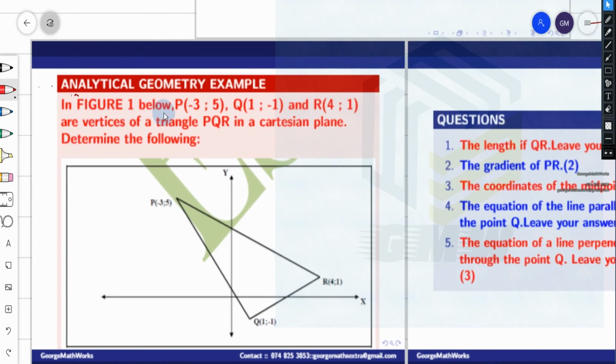In fig 1 below, P has coordinates (minus 3, 5), Q has coordinates (1, minus 1), and R has coordinates (4, 1), are the vertices of a triangle PQR in a Cartesian plane. Determine the following.